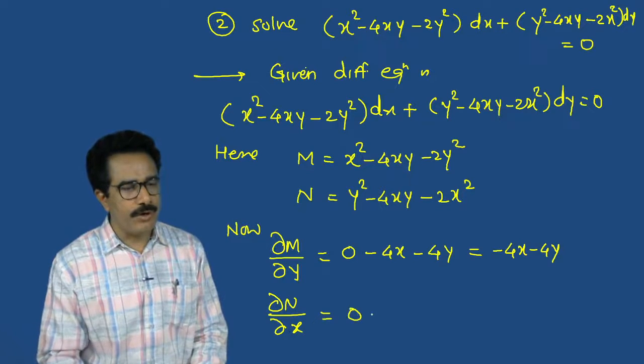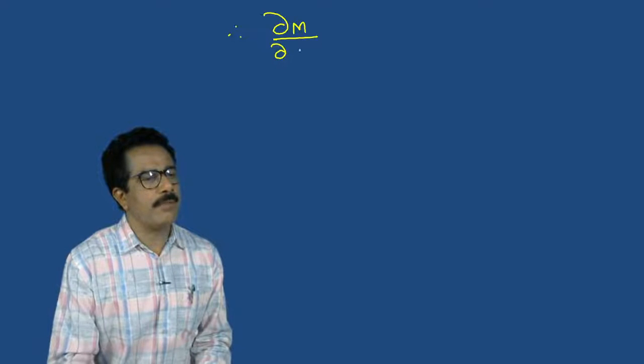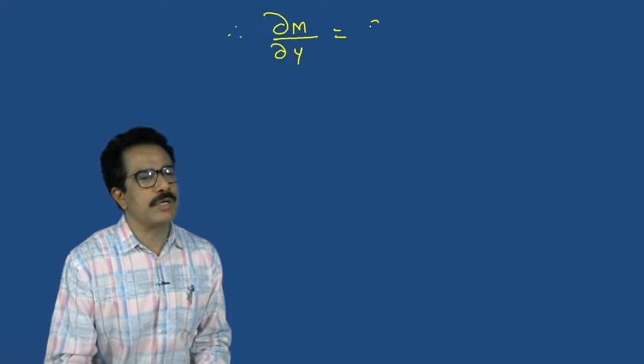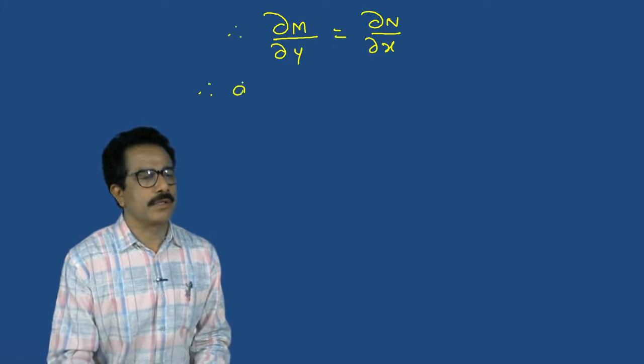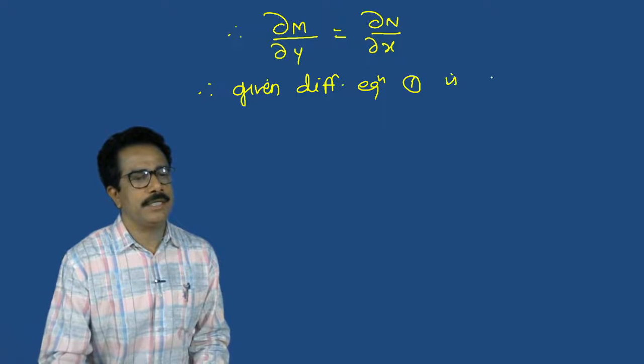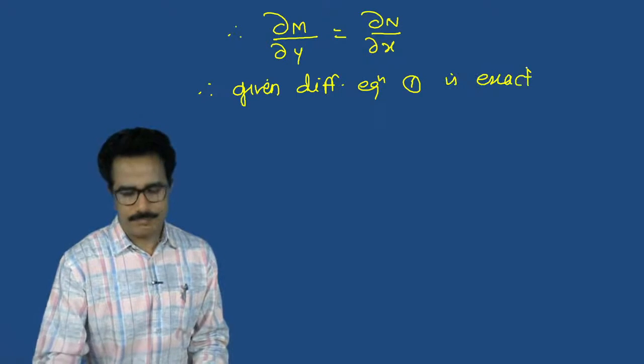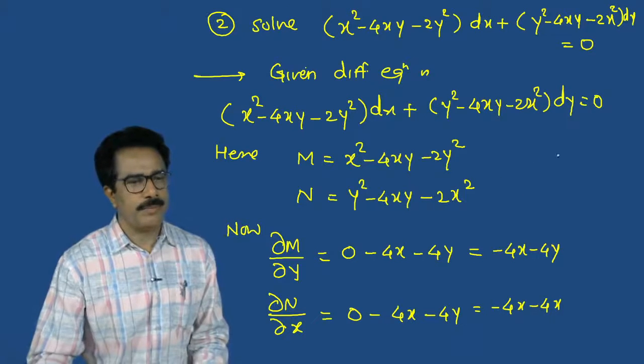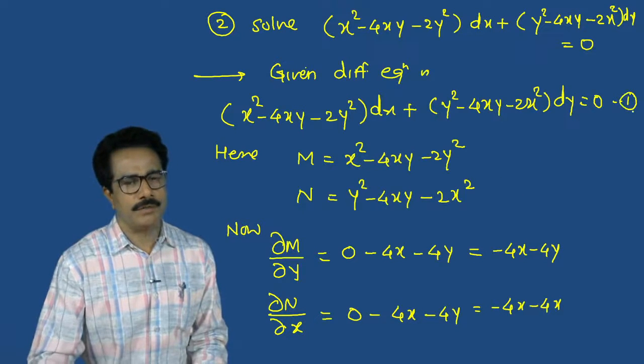So 0 minus 4x minus 4y. Dou M divided by dou y which is equals to dou N divided by dou x. Therefore given differential equation 1 is exact.